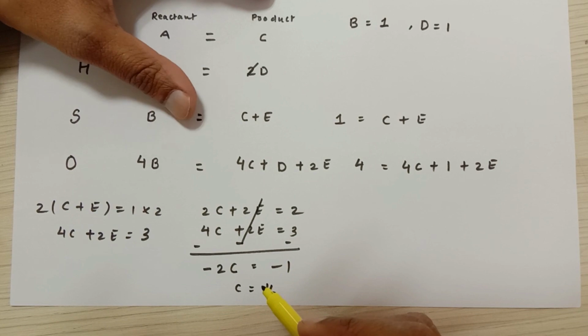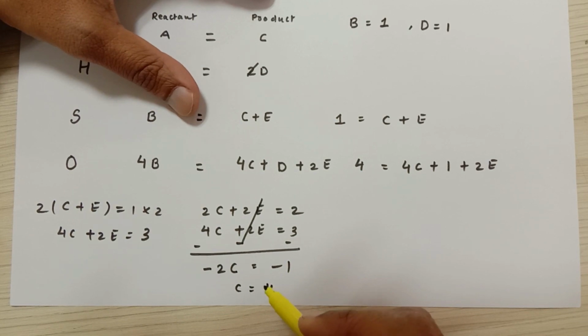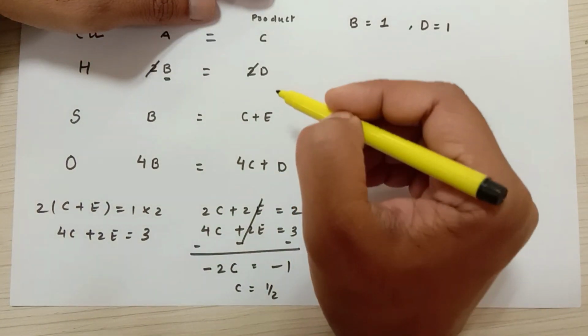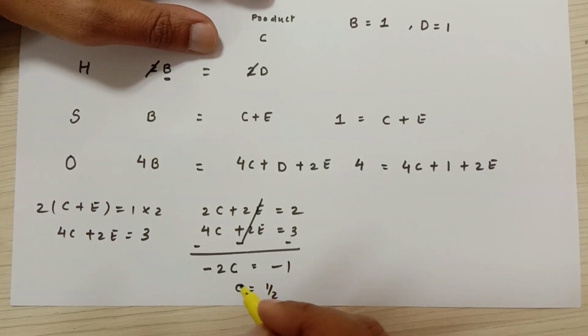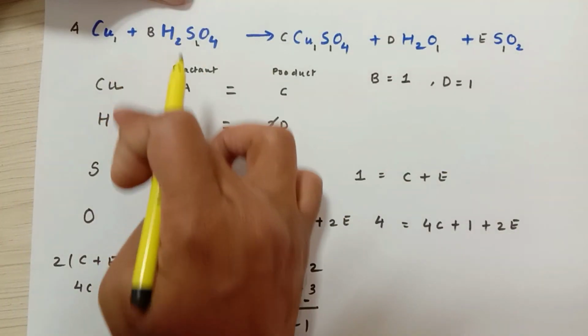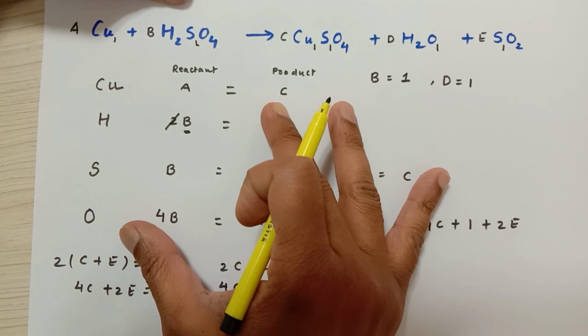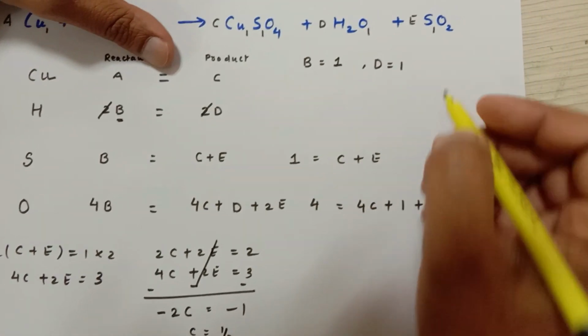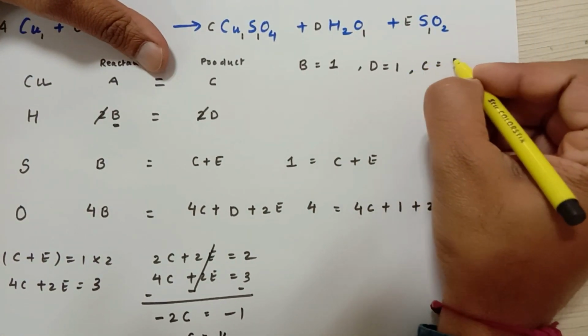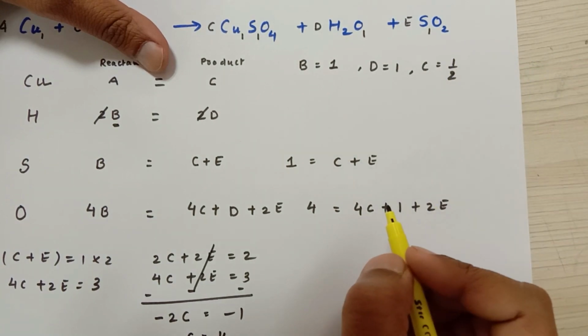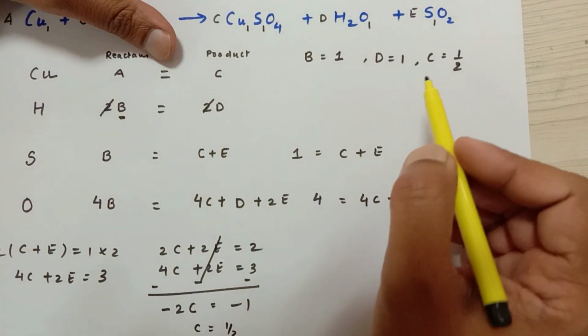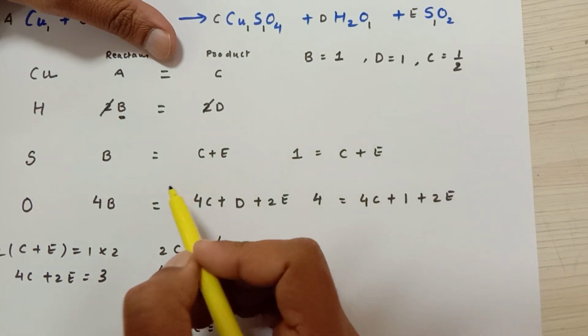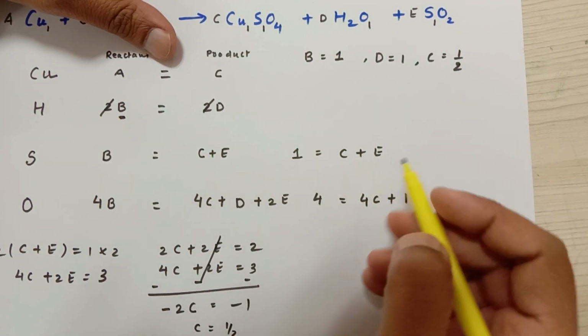Guys, if you get the answer with a negative sign, somewhere you might have made a mistake. Always remember that all these A, B, C, D, E are supposed to be positive numbers. Correct? So I have found the value of C to be half. Right? Okay. Now see, if I get C as half, I can easily find the value of E from here.